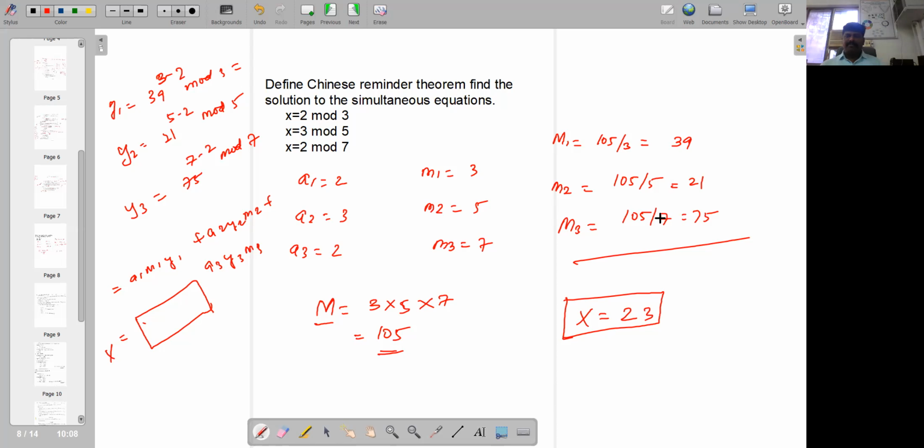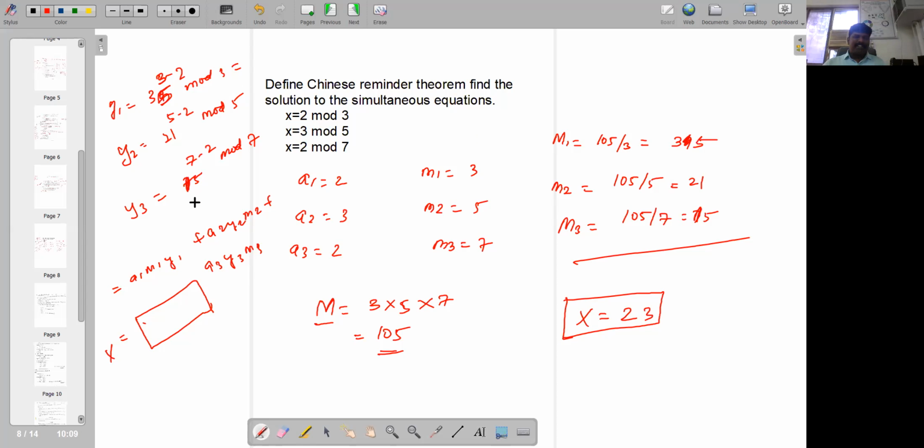M1 is equal to 35 here. Sorry, it's my bad. Yes, 35. Okay. I hope the rest are correct. I'll cross verify again. So 5 twos are 10, 1 five is 5, 1 seven is 7, remaining 3. 5 sevens are 35. Okay. Sorry.